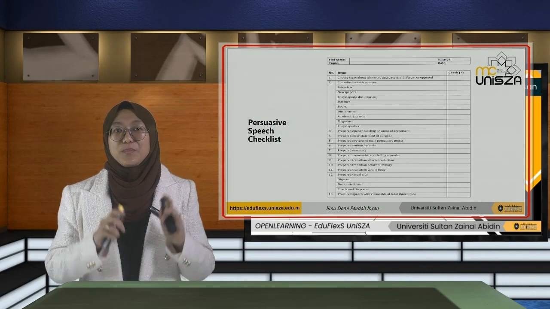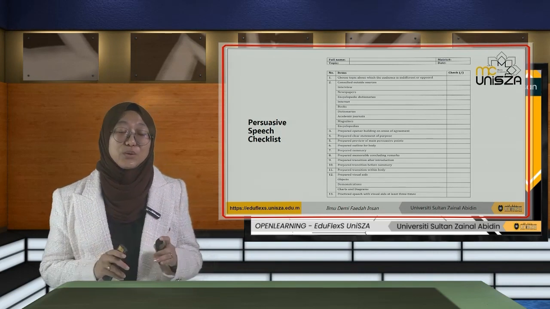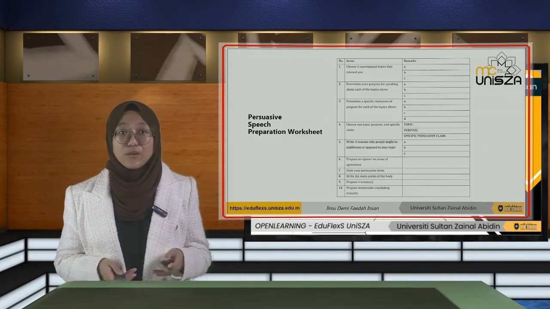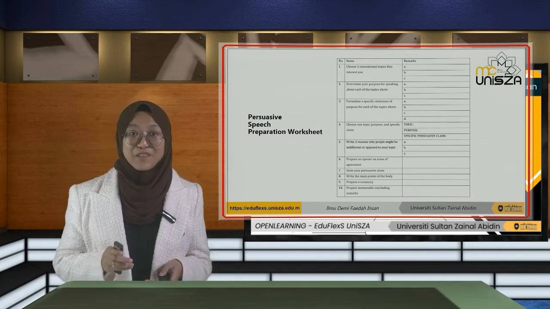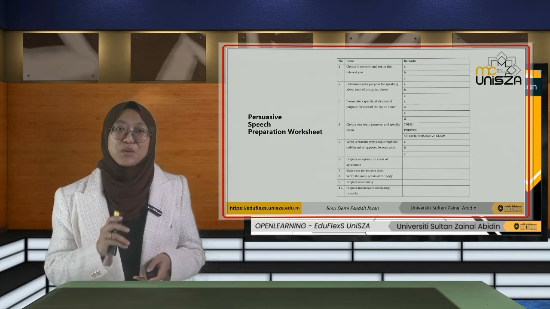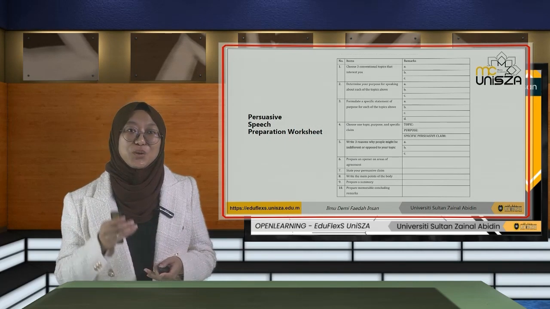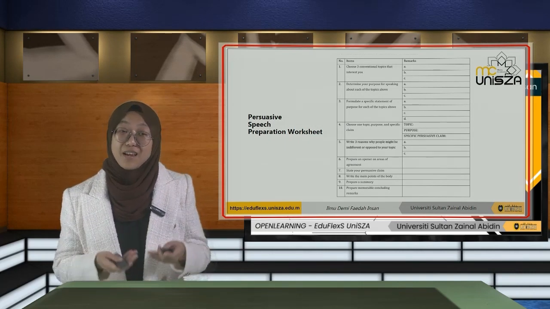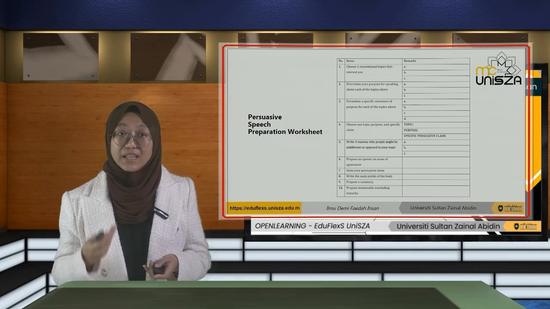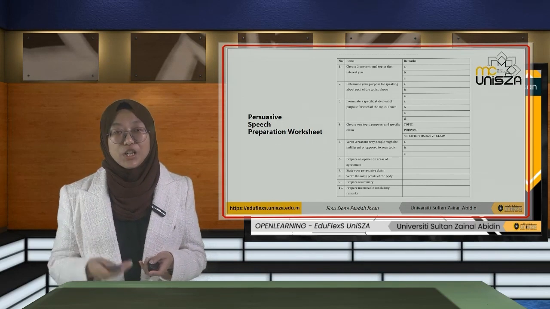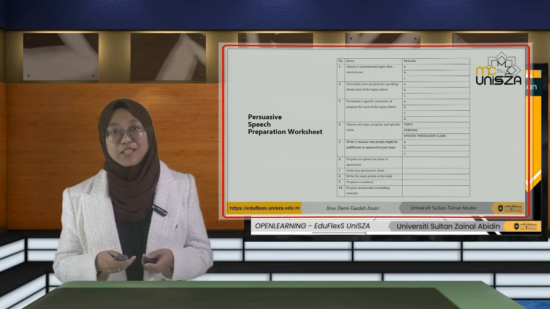Let's move on to the preparation worksheet that you could do when you're doing your persuasive speech. This is the list of it. So the first one, I would suggest that you choose 3 conventional topics that may be interesting to you, or again, maybe topics you would want to share persuasively with your audience.